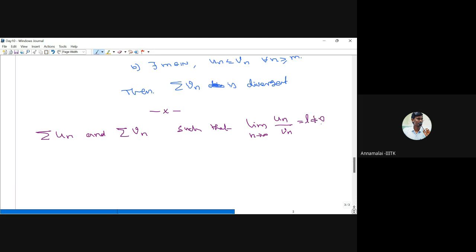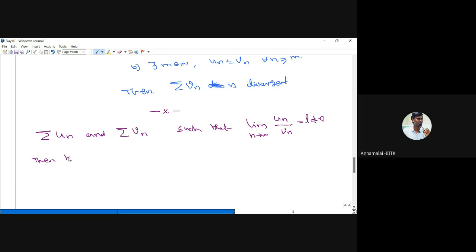If the limit of un by vn is L, non-zero, then the theorem says that if you know about one series, you know the same for the other. Suppose un is convergent, then vn is convergent. Suppose vn is divergent, then un is divergent.